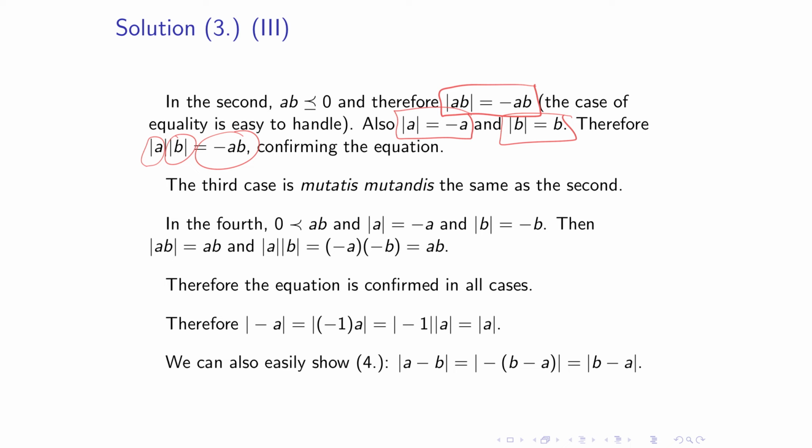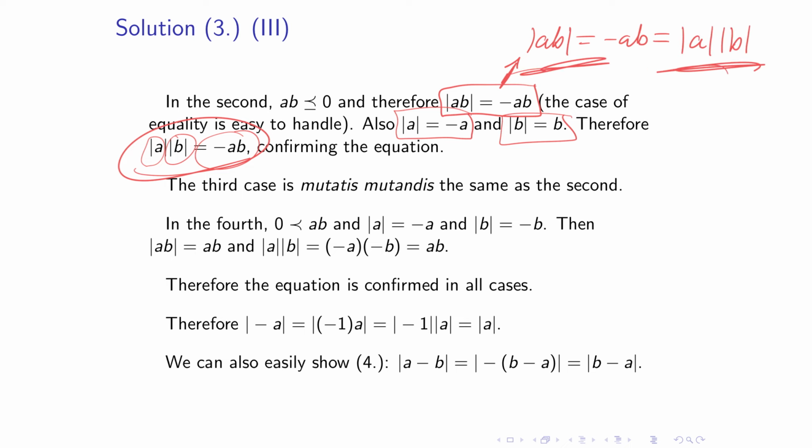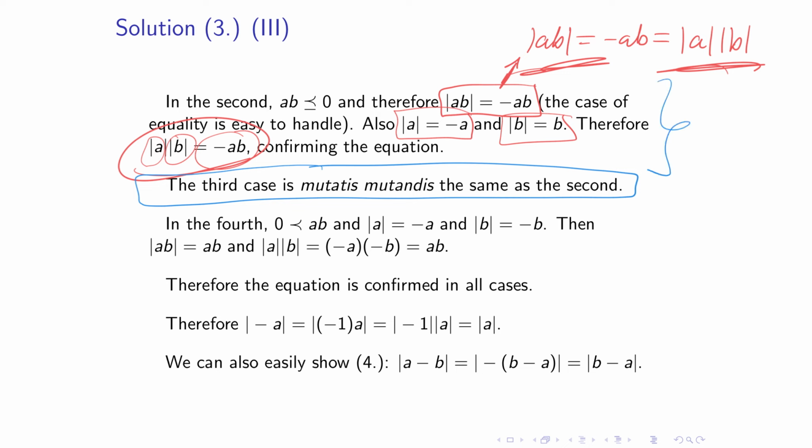What we found was that absolute AB is negative AB, and that's the same thing as absolute A times absolute B. And this, the equation of the far left and the far right, is exactly what we were trying to demonstrate. In the third case, that is essentially just swapping the roles of A and B, so without loss of generality, the proof that we gave here also applies there.